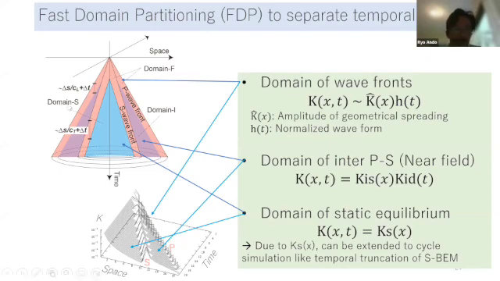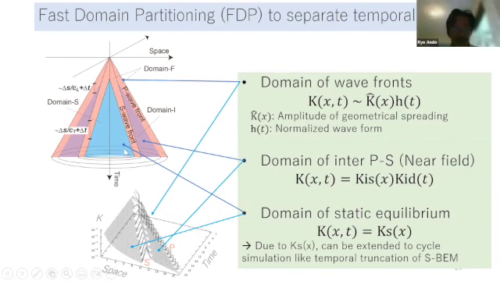As you know, the kernel or Green's function has a specific form depending on time and space. We have the domain of wavefronts associated with P and S. You also have some near-field term in between the P and S waves here. And finally you have the static equilibrium domain like this, described by the static kernel.